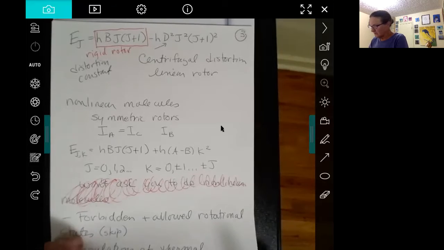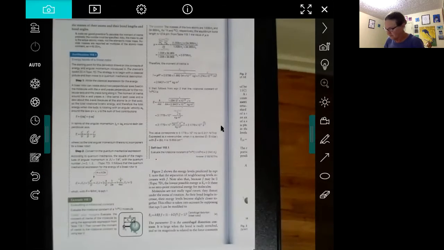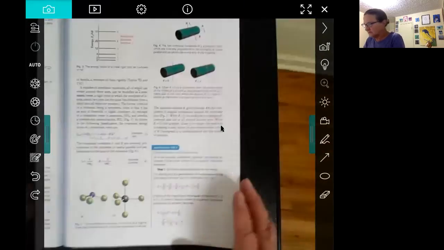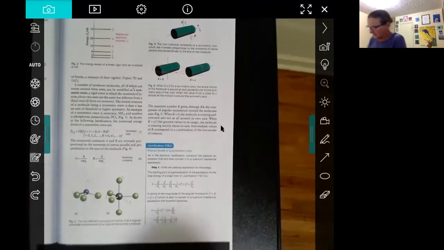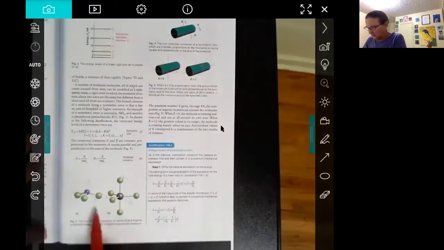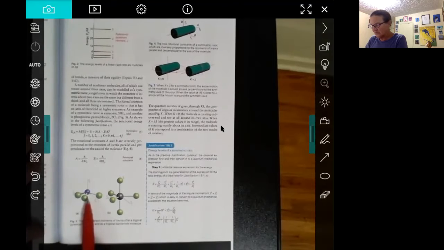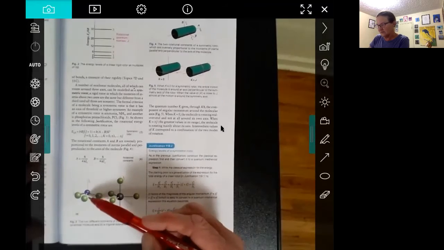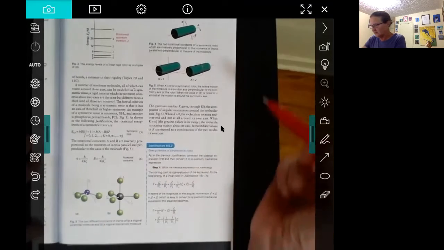So you can also look at nonlinear molecules. The only one your book looks at is a symmetrical nonlinear molecule. Looking at some of the examples shows you that depending on which axis ammonia is rotating around, 2 of them are symmetric, 1 is not symmetric with those, so it would be a different moment of inertia than these two.